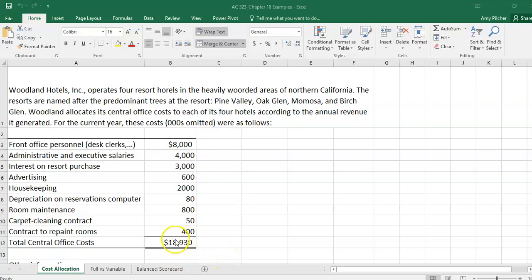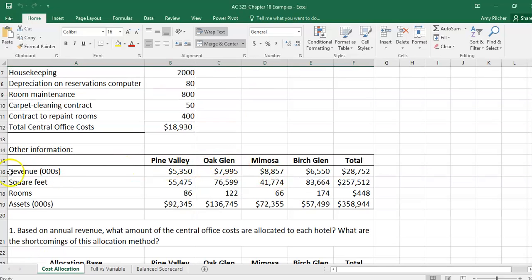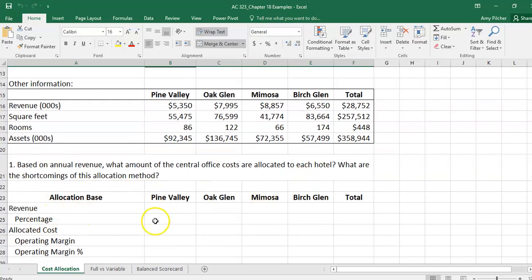So we have total central office costs of $18,930. What we're looking at is allocating that based on annual revenue. So what is the percentage that each company gets of these particular central office costs?